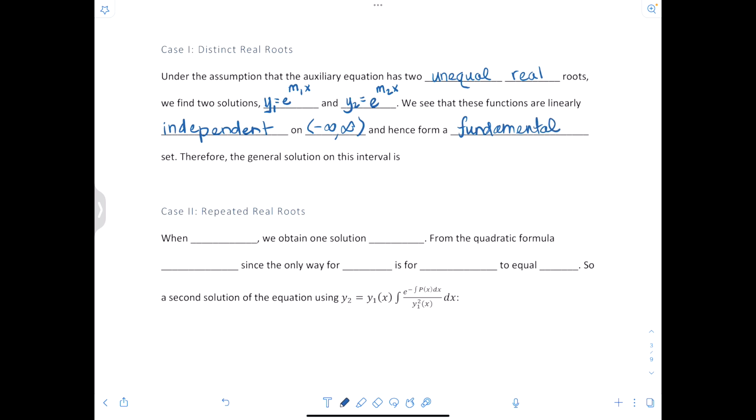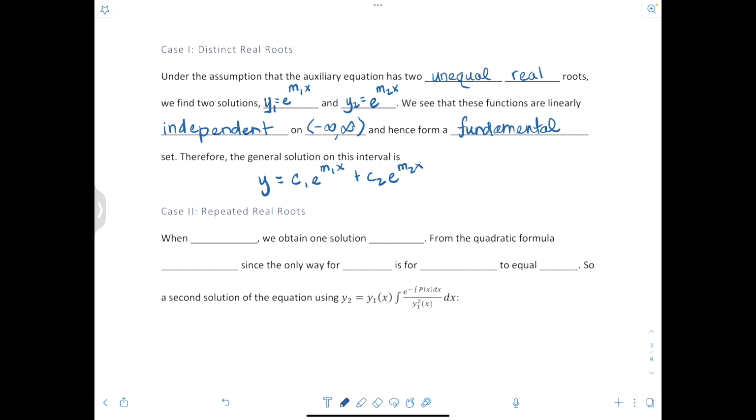Therefore, the general solution on this interval will be, and you'll love this, y is equal to c1 y1 plus c2 y2, which would be some constant c1 e raised to the m1 times x plus c2 times e raised to the m2 times x.